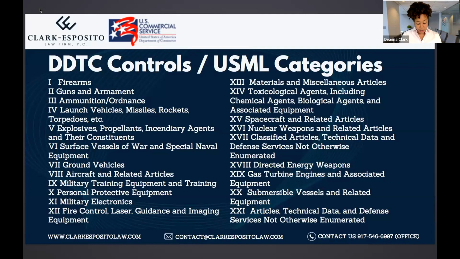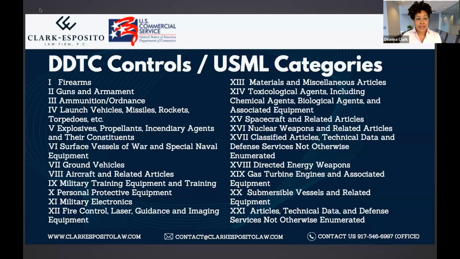We have the Directorate of Defense Trade Controls, or DDTC, which controls along with the USML categories. DDTC ensures that commercial exports of defense articles and services advance U.S. national foreign policy and security objectives. You can see the categories broken out by Roman numerals, 1 through 12 on the left side and then 13 through 21 on the right.